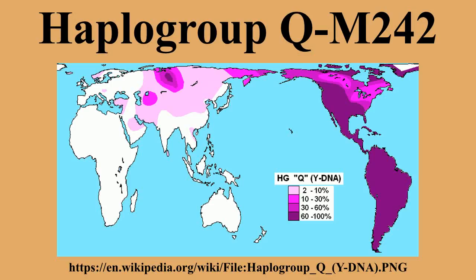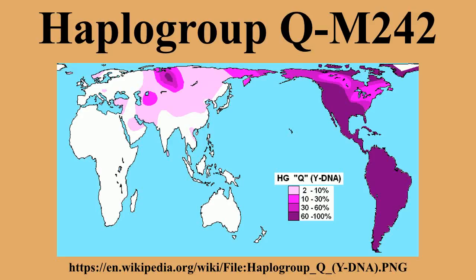It is found in 16% to 38.0% of Tuvans. Also, Todzhans in eastern Tuva show the frequency at 38.5%. So, the average frequency of Q-M242 in Tuva is about 31%.